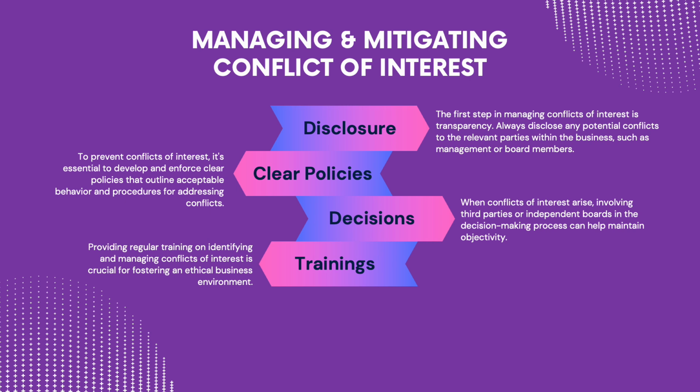Now, the first way you can mitigate conflict of interest is disclosure, like full-on disclosure, right? This first step involves managing conflict of interest with transparency. Always disclose any potential conflict to the relevant parties within the business. So maybe your co-founder or your CTO, your chief technical officer, or your investors, right?